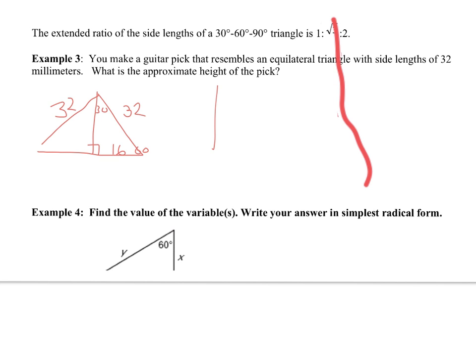So we go back to our model all the time. 30, 60. The side opposite 30 is S. The side opposite 60 is S times the square root of 3. So to find our height here, we've got to go 16 times the square root of 3. And that's our answer.